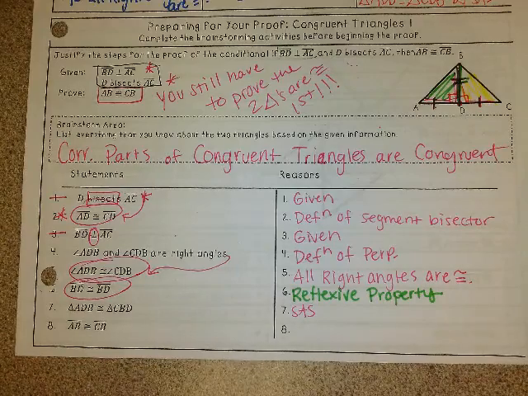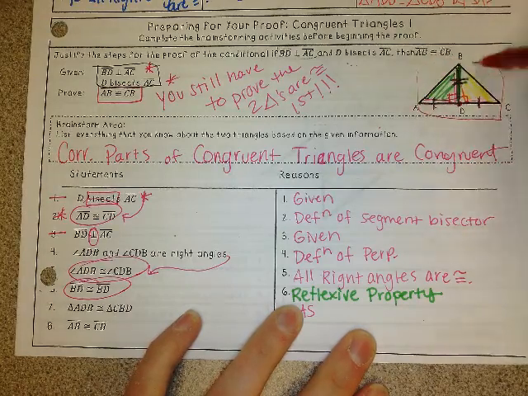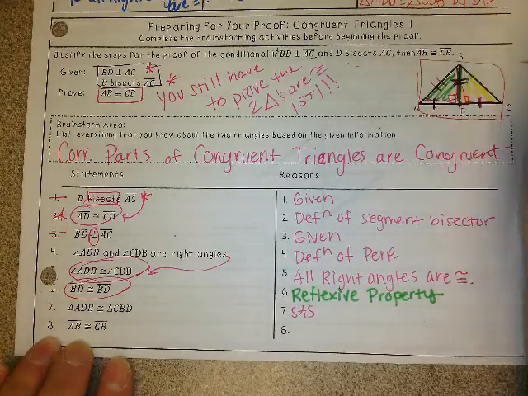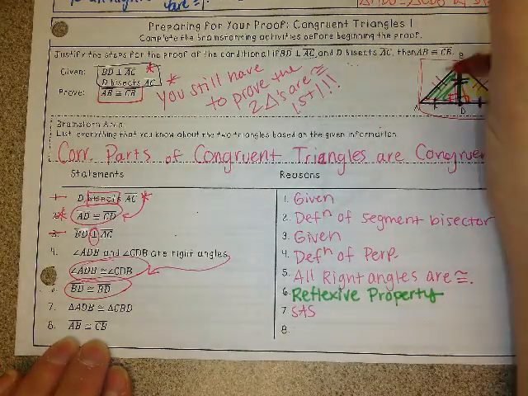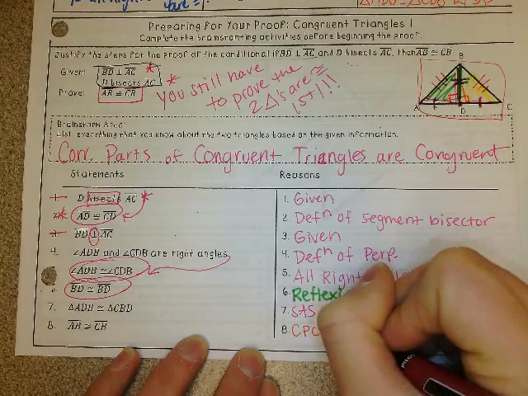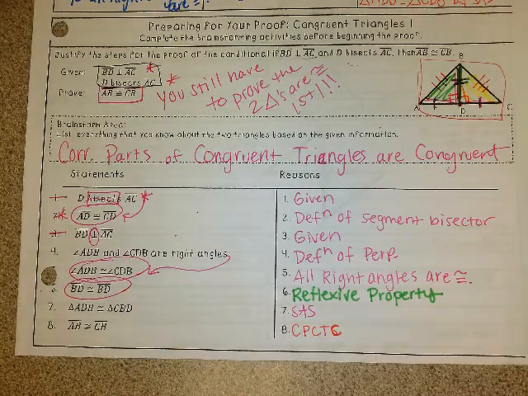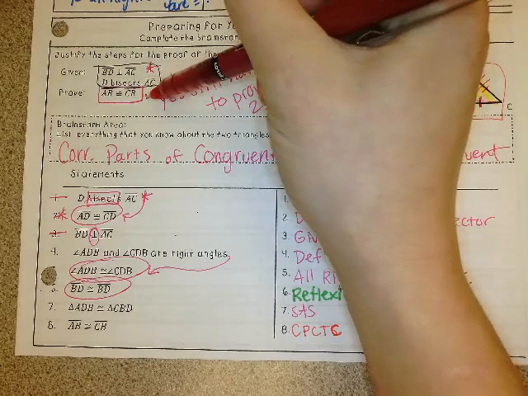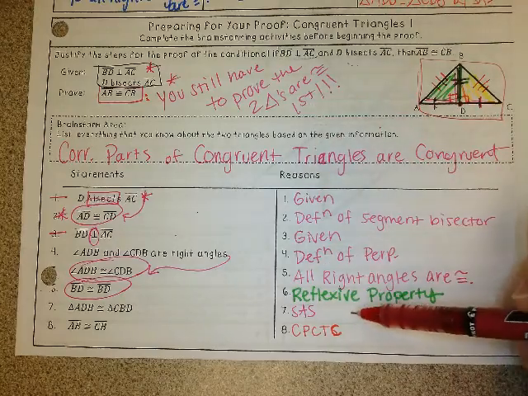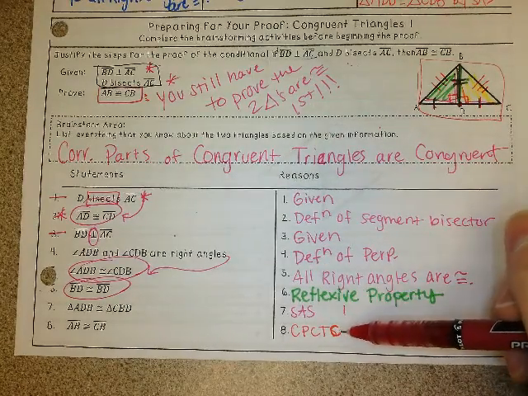Remember, corresponding means same spot in two different shapes: same angle, same side. Since we proved these two triangles are the exact same, I can say that AB is congruent to CB. So this would be CPCTC. So if you ever see something that says prove and it's not two triangles, you still need to prove two triangles, and then that next statement will most likely be CPCTC.